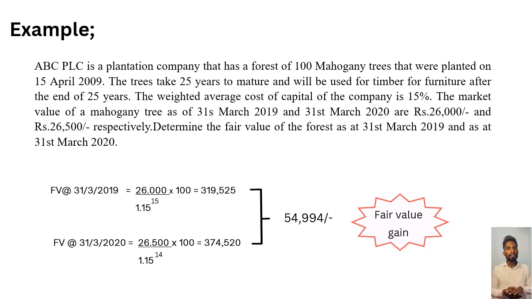This shows us that from 2019 to 2020 the fair value has increased by 54,994 rupees. This should be shown in the profit and loss account as the fair value gain in the year 2020.